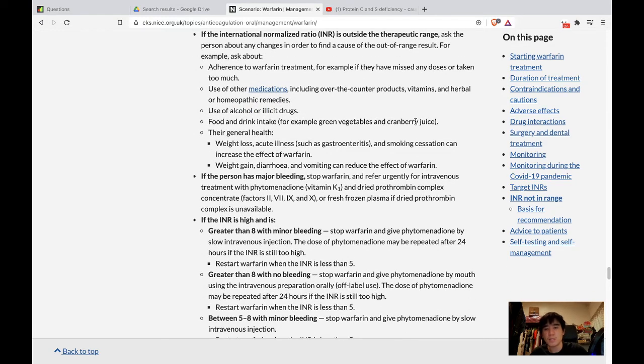If a person has major bleeding, stop warfarin and refer urgently for intravenous treatment and phytomenadione, vitamin K1, and dried prothrombin complex concentrate, factors 2, 7, 9, and 10. Or fresh frozen plasma if dried prothrombin complex is unavailable.